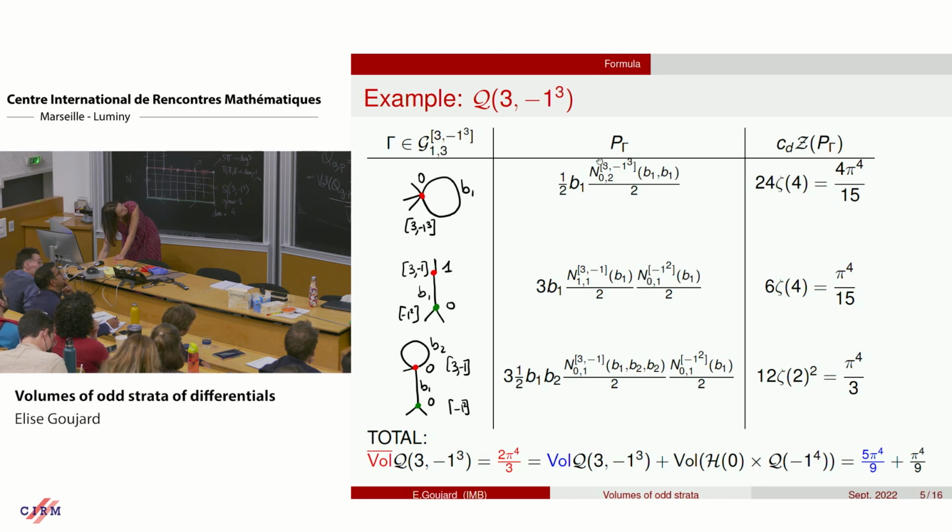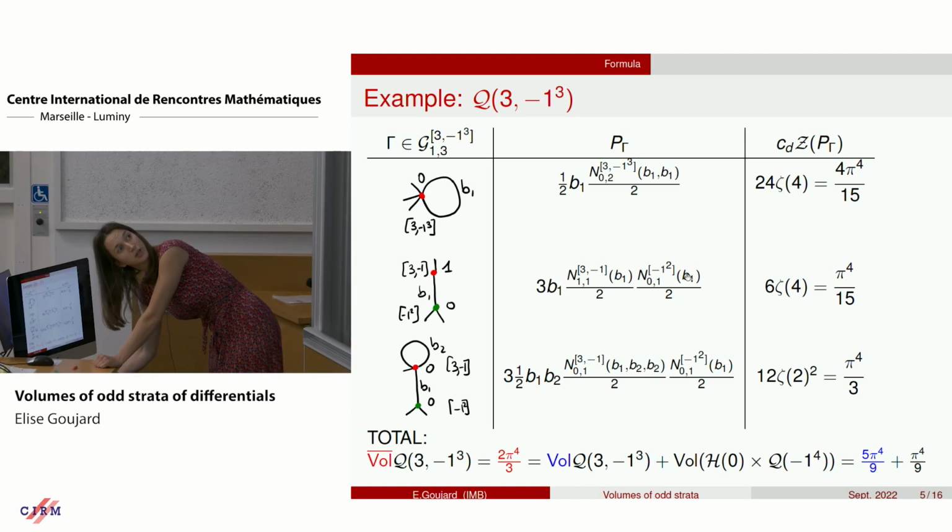So I take this polynomial and I apply it to B1, B1. And here this parameter just corresponds to the decoration of this vertex. So I can do the same here. For this vertex, I get this polynomial. For this one, I get this one, etc. Then I multiply by the product of bi's. So here there is only one B1, etc. Here there is B1, B2.